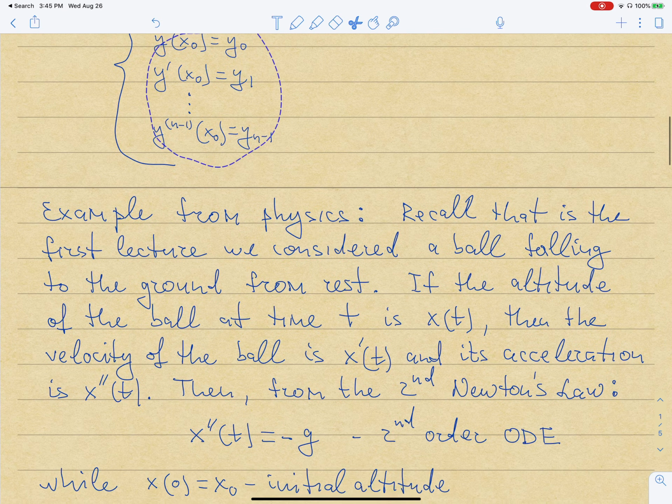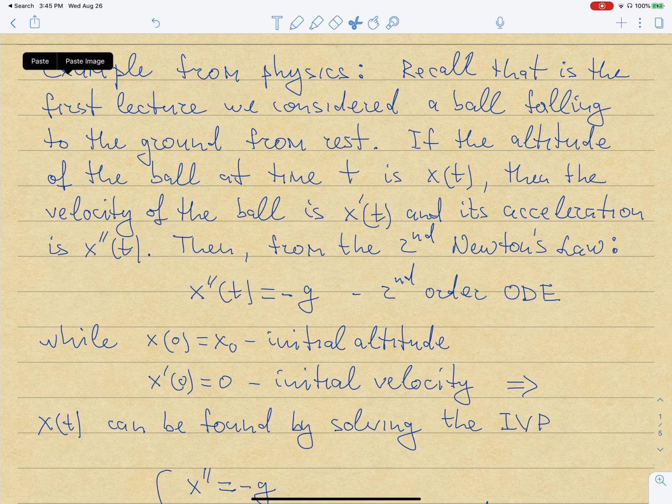All right, so let me give you a couple of examples. One you have already seen in the first lecture. So remember that in the first lecture, I considered an example of a ball that was dropped to the ground from some initial height x0 from the position of rest.